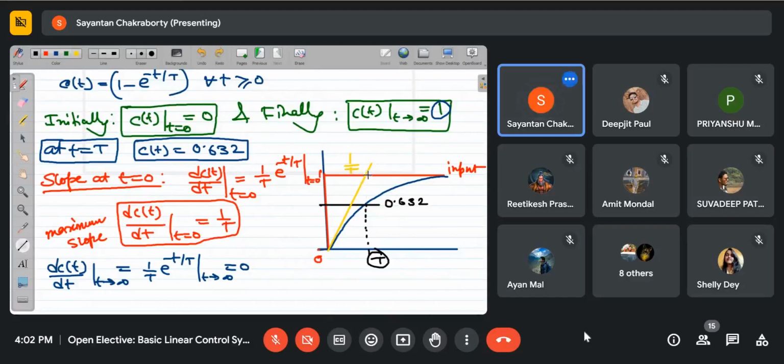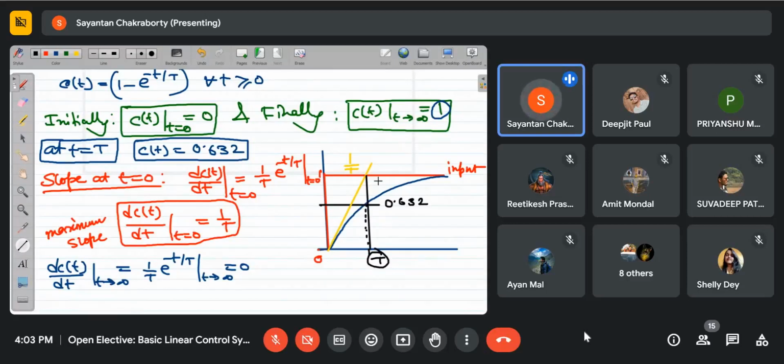Exactly 1 T. Had it been possible to maintain this maximum slope throughout the path, it would have reached the steady state in exactly T seconds. That is why it is called a time constant.